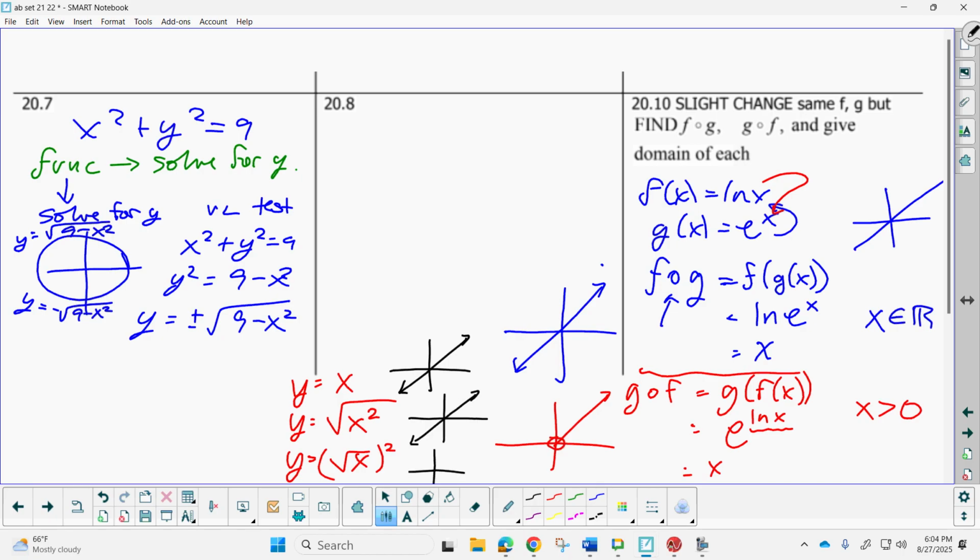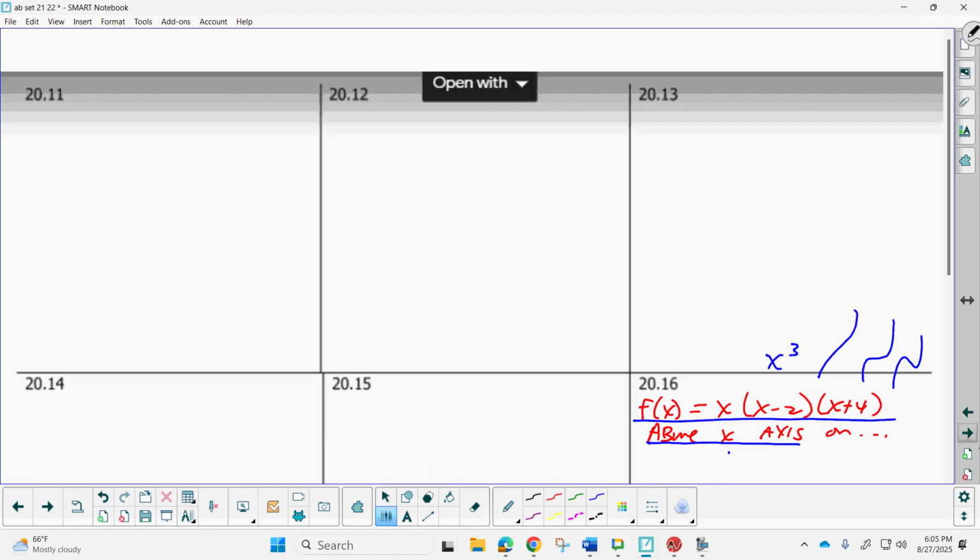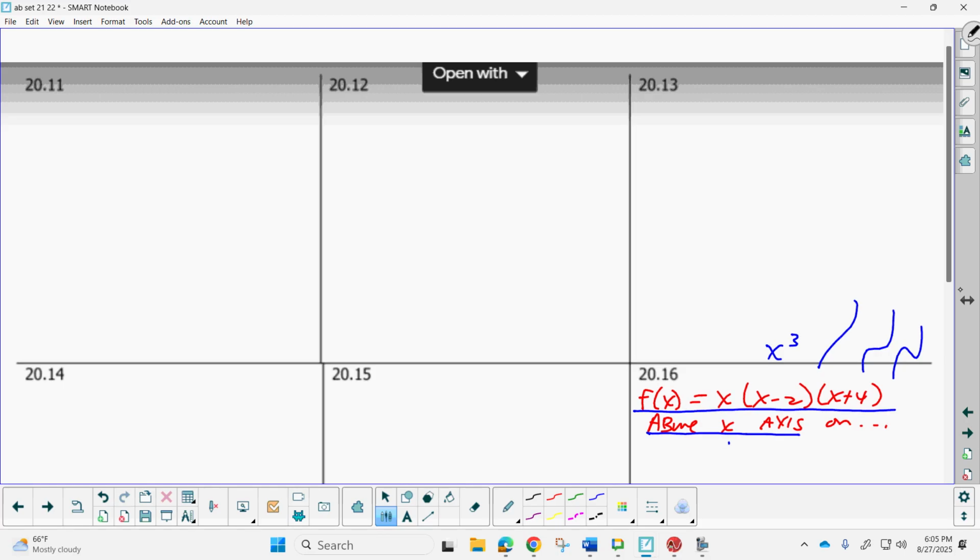But this graph, it's not all reals. You cannot square root a negative, even if you square it after. And so this is not a line, but a ray. And if you graph that in your calculator, you'll see that too. All right. So my point is the domain has to be satisfied all along the way. Even if you simplify it, it's the domain of the original function, not the changed function. All right. That'll come into play later.